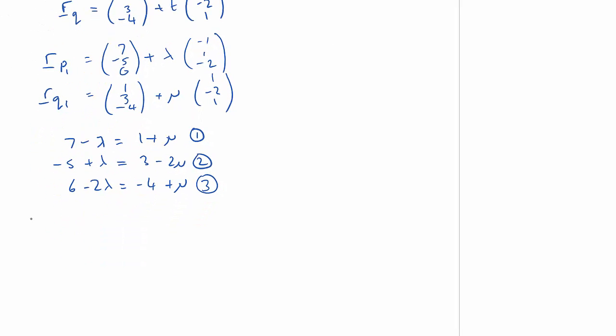And so if we do equation 1 plus equation 2, we'll get rid of lambda. So we'll get 2 is equal to 4 plus mu, which gives me mu is -2.